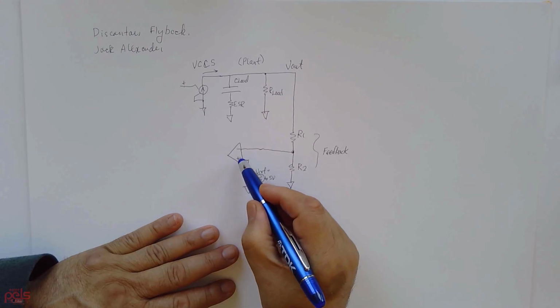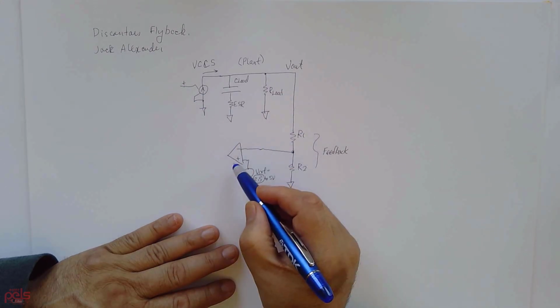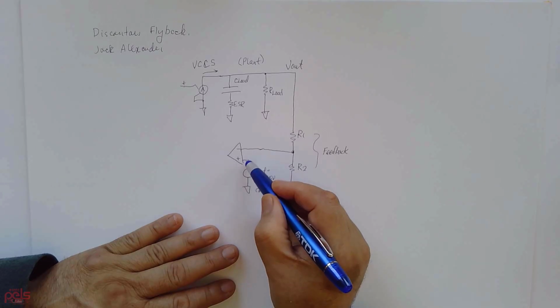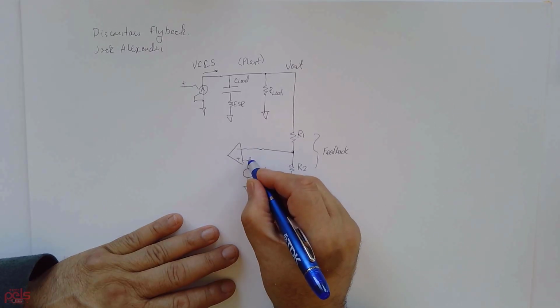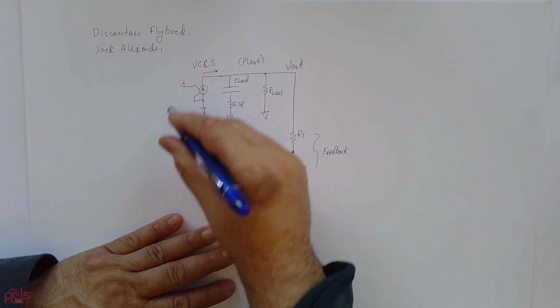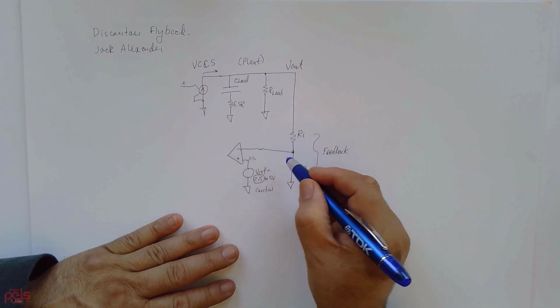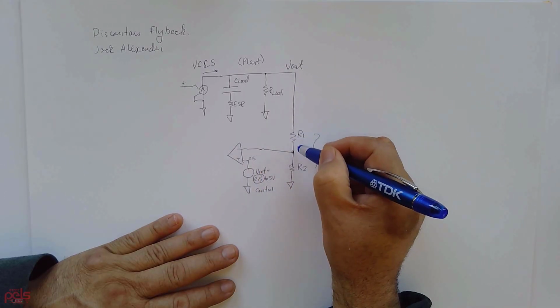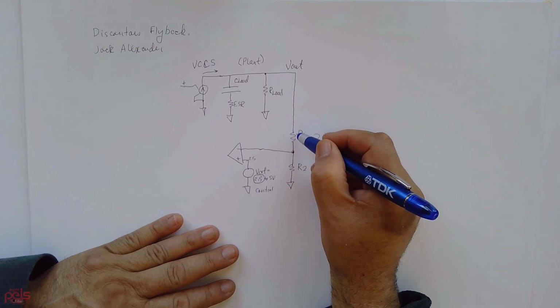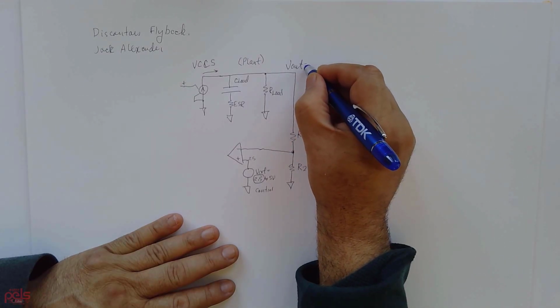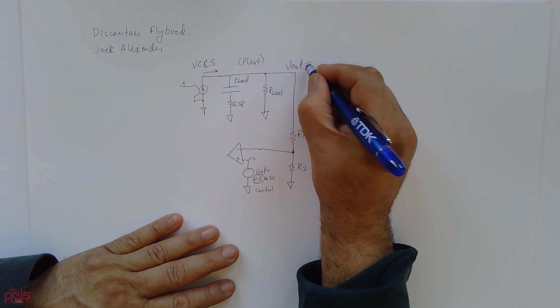Basically, the op amp with feedback is going to force these two nodes to be equal. So if this is 2.5, the node with the feedback will be 2.5. For that, you have to have a certain divider that will correspond to, let's say, 12 volts.